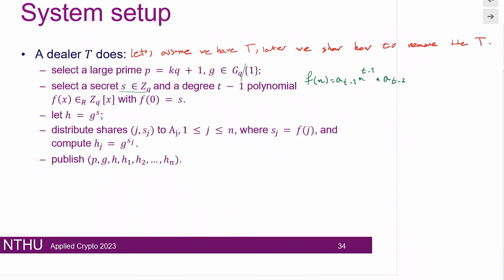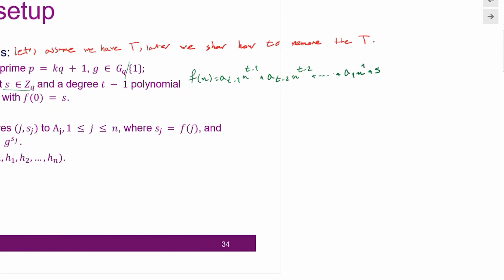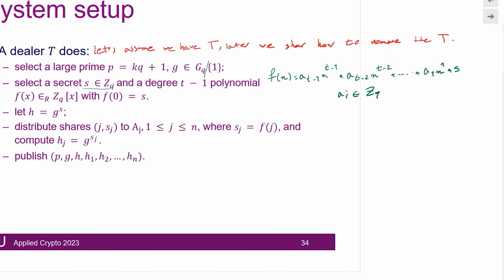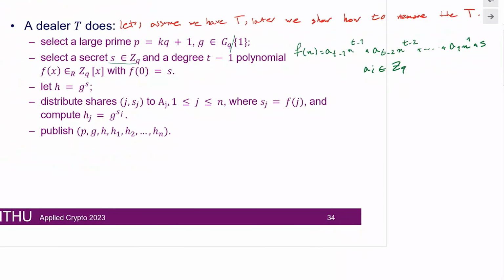Right, their a_i are members of ZQ. Okay, so he would set up this polynomial, and then he would start to compute this value.